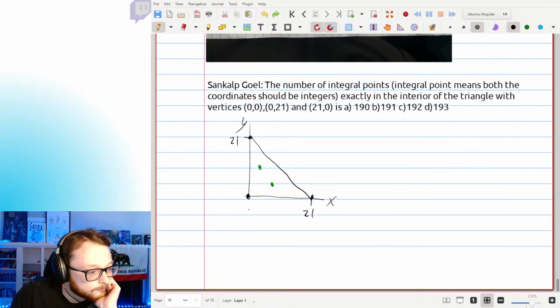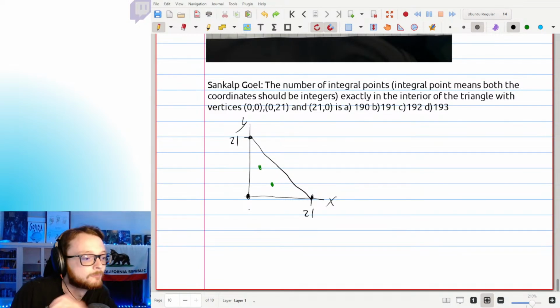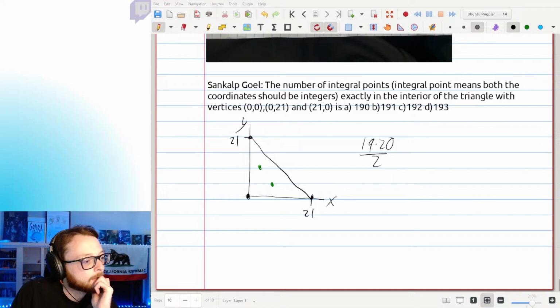I don't know. Krim is saying it's this. I couldn't tell you why. There's 2 people saying 190. What is Pick's theorem?